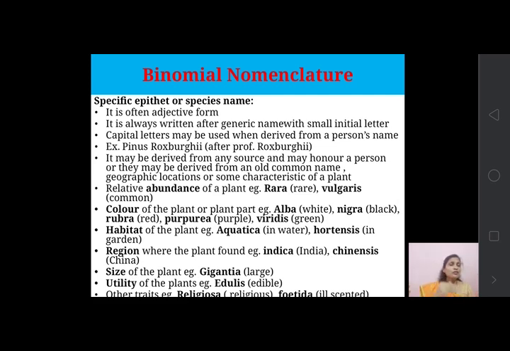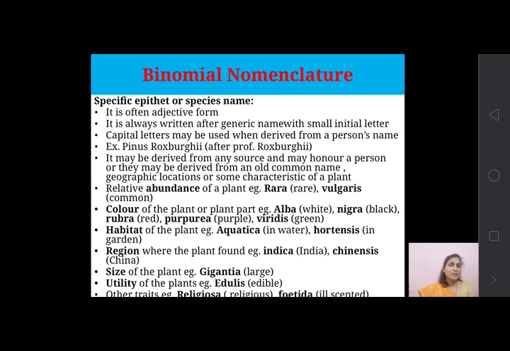So when we give the name rara to a particular plant species, it indicates that the species is rare, not found in large quantity. So the name suggests the abundance, how much quantity is present on the earth.